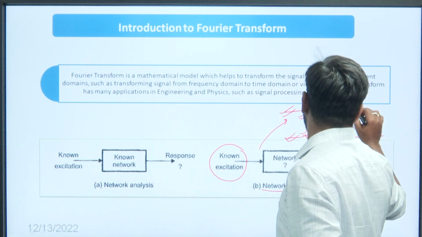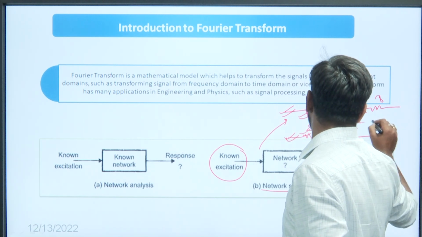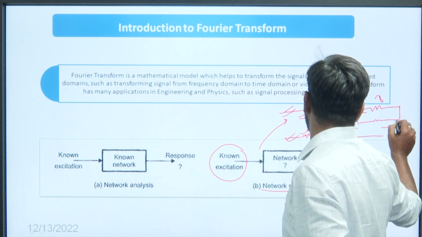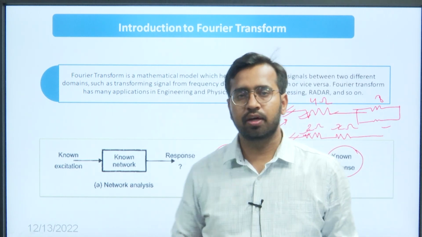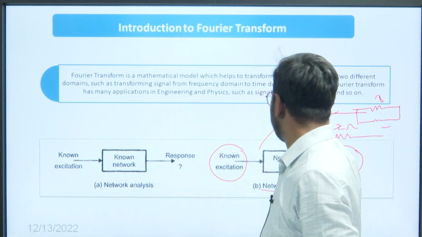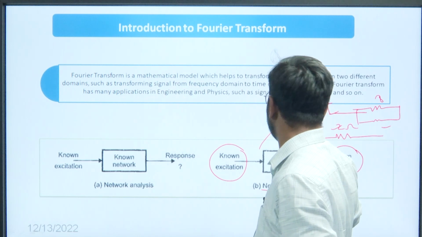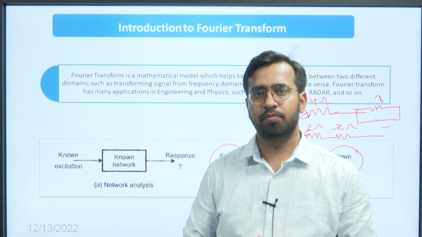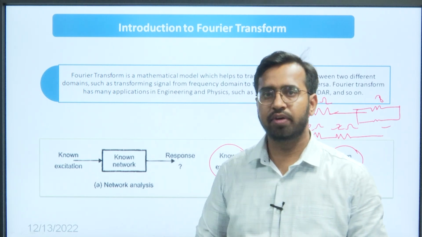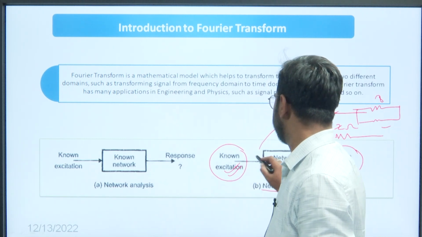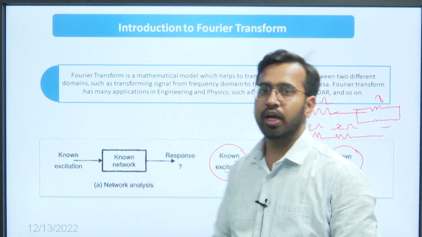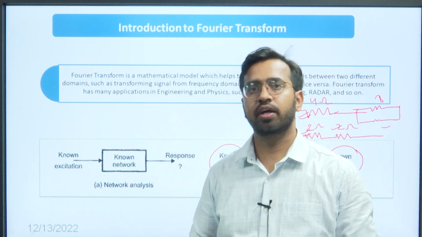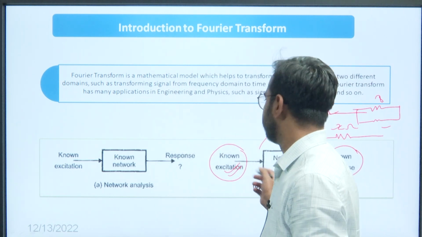Or someone can get 8 ohm resistances in parallel. There can be different combinations of resistances to get 4 ohm. Therefore we can say synthesis may be different: for a single excitation and single response, we can have different networks. Just keep this in mind.